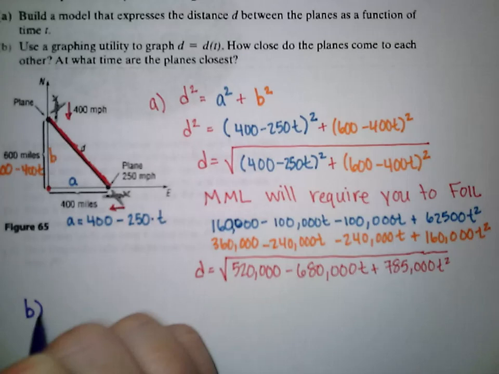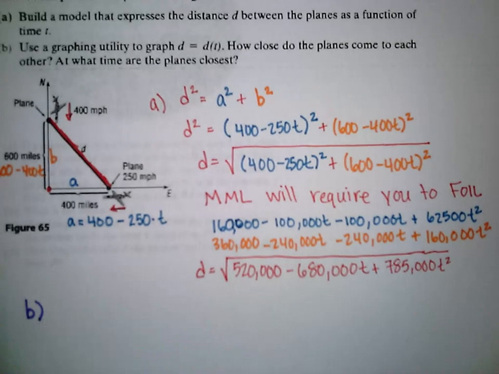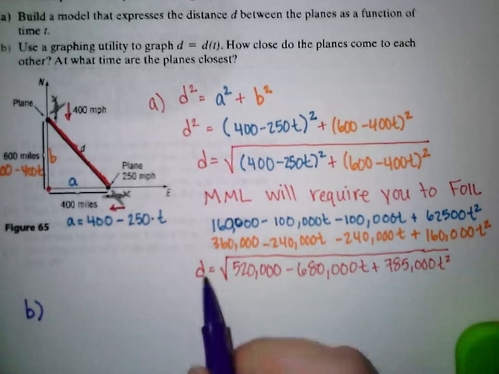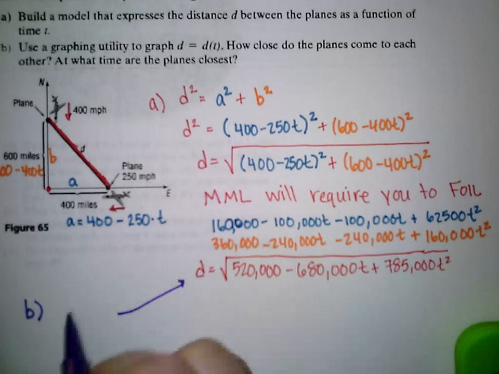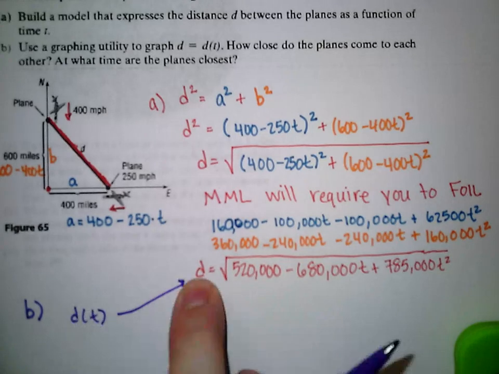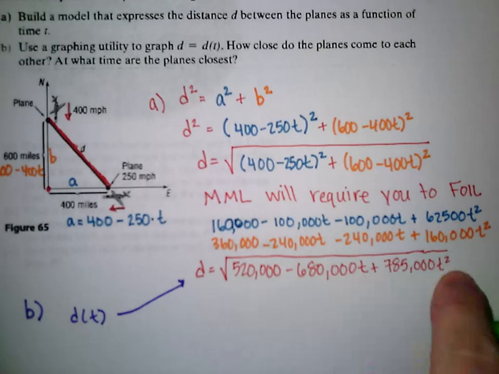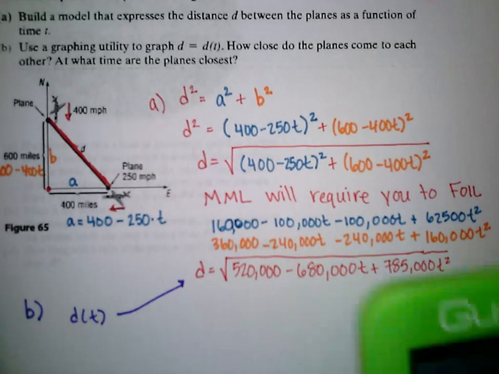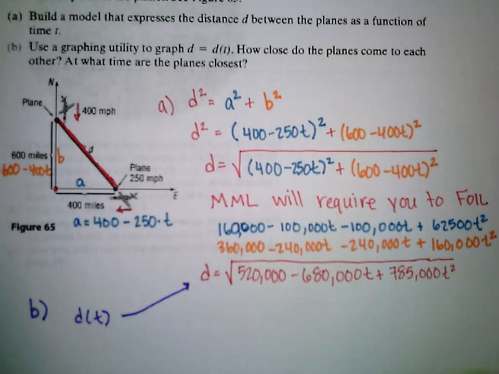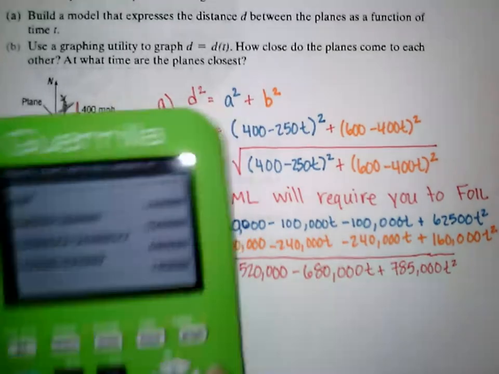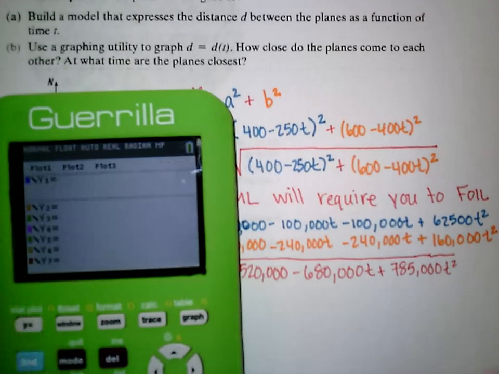So part B wants us to use our graphing calculator to graph d of t. This right here is d of t. It's distance as a function of time. We're going to graph it and see how close they come to each other and at what time the planes are closest. So we've got to put that in our calculator.